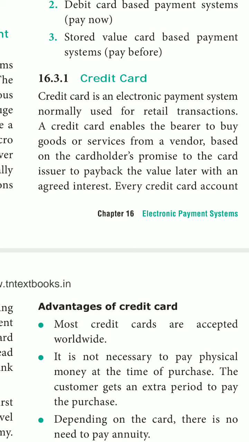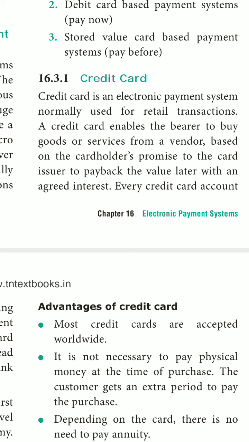So your bank account is having only 500 rupees. Okay, so account balance is only 500 rupees. So you are having a credit card for that account. So you want to buy a good which is 1200, then you will be given 1200 for that, and you can buy it.